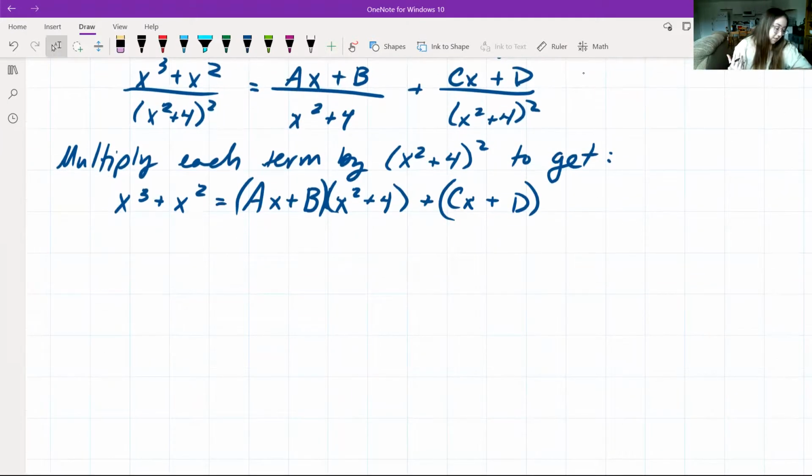Now remember, we want to collect our like terms and expand these functions.